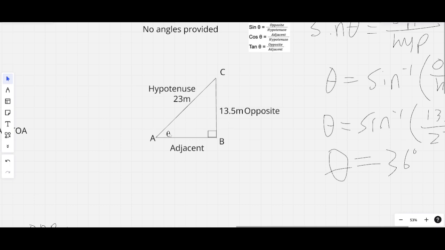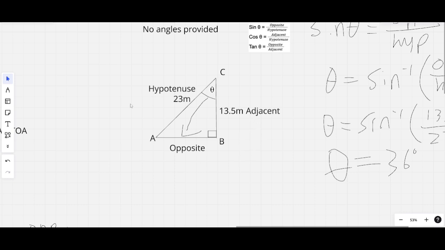So, for example, if angle C were to be my theta, or the angle that I'm trying to find, then side AB will be the opposite instead, because it is the side length directly opposite to angle theta. And thus, our adjacent will be 13.5 meters.